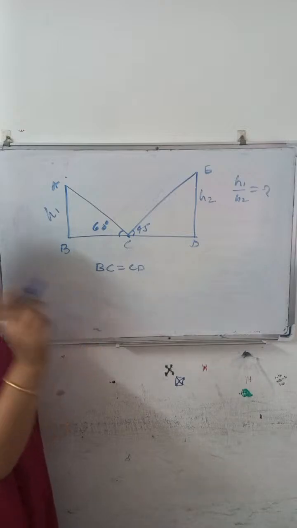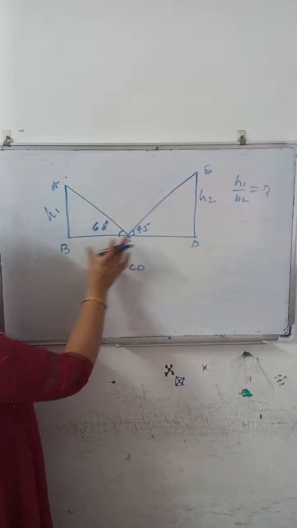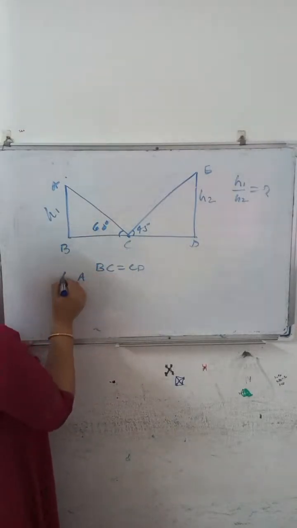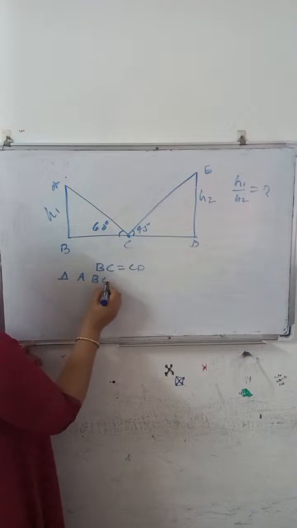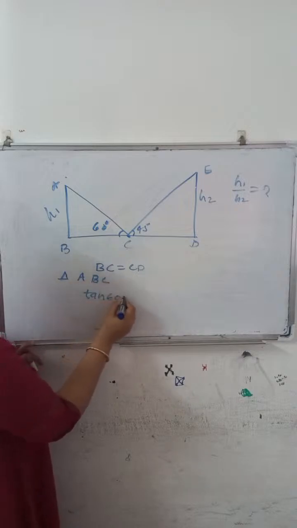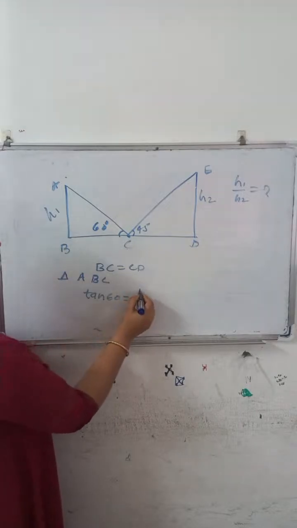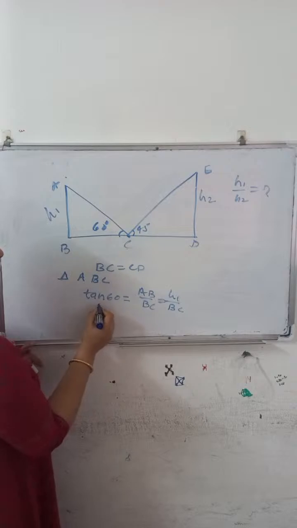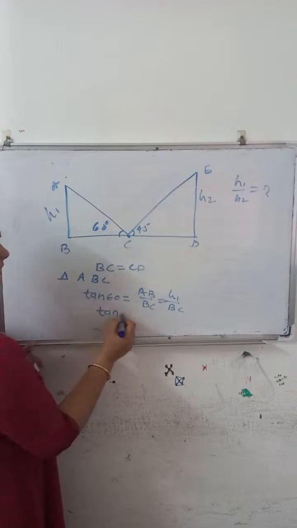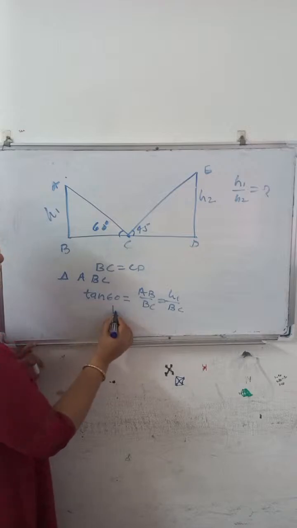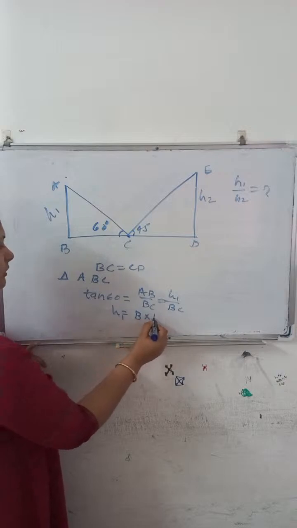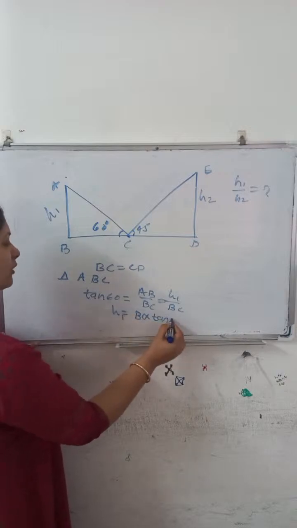If I consider triangle ABC and apply tan 60, tan 60 is AB by BC. AB is h1, so h1 is BC into tan 60.